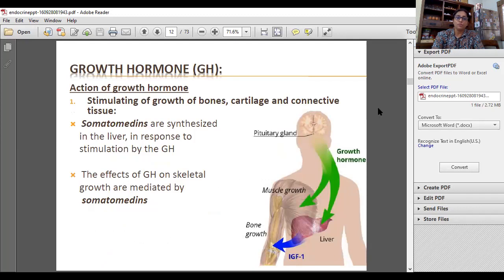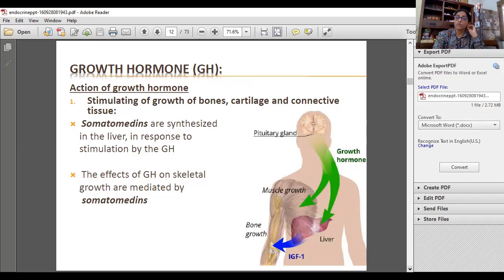Now, the growth hormone has got certain functions. It stimulates the growth of bones, cartilage, and connective tissue. It is a very, very important hormone in the growing children and totally controls the growth of an individual. And if it is not secreted in the right amount, then it leads to dwarfism. Now, somatomedins are synthesized in the liver in response to the stimulation by the growth hormones.